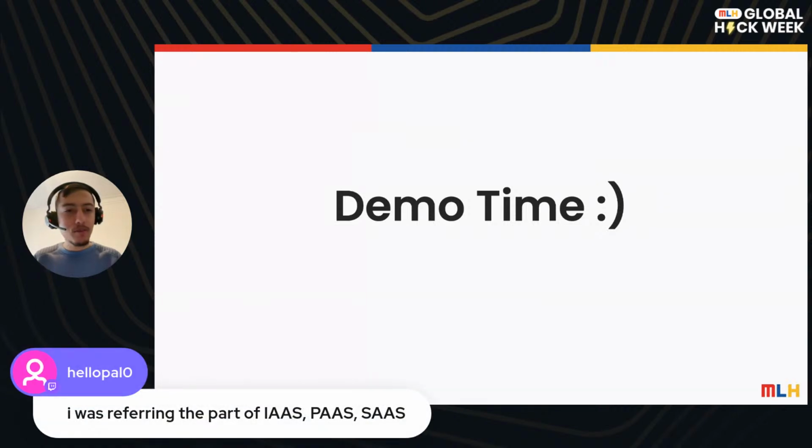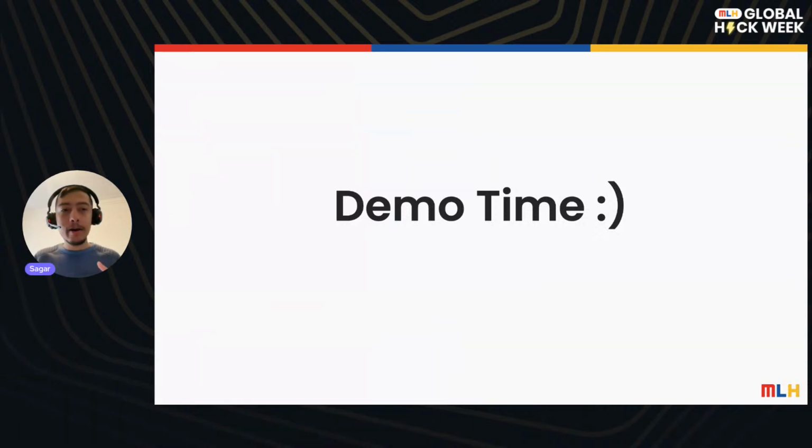Okay, I have some more references: IaaS, PaaS. "Could you please ask what specific job do you mean in this case?" When I mentioned IaaS, PaaS, and software as a service, there are certain aspects that need to be handled by the service provider, and those are taken care of by them. But there are still some other things.